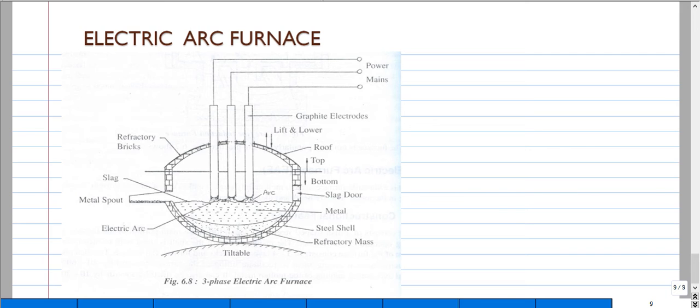So there also we will discuss electric arc welding. The same principle has been used here, that is the electric arc furnace. So there will be an arc struck between our charge as well as the electrode when we supply the power. Okay, so first, before that, we shall discuss the constructional features.